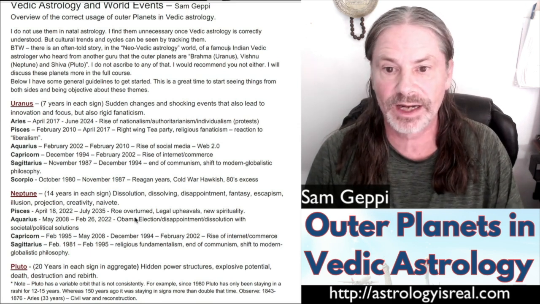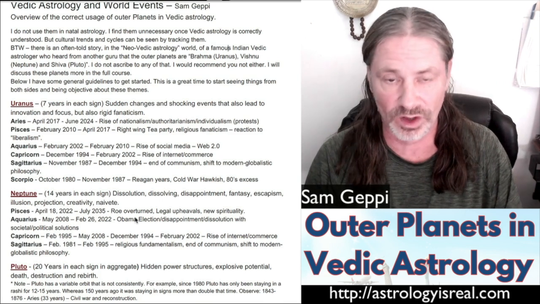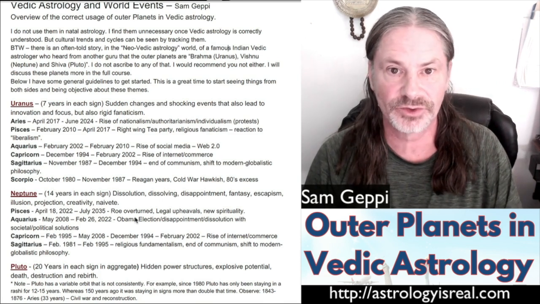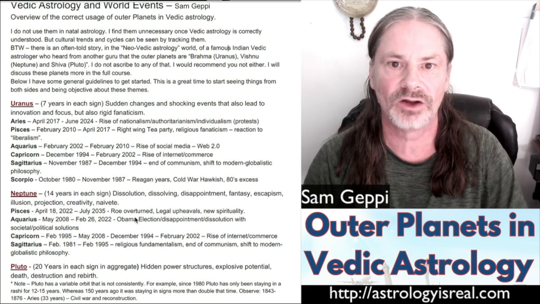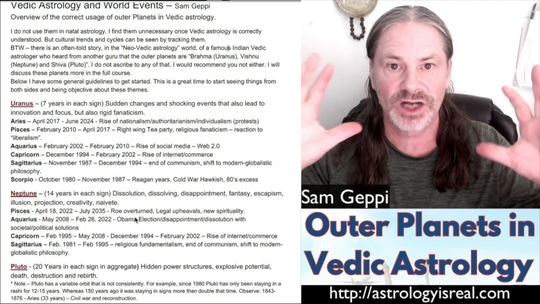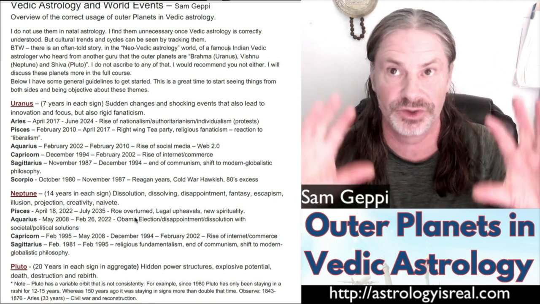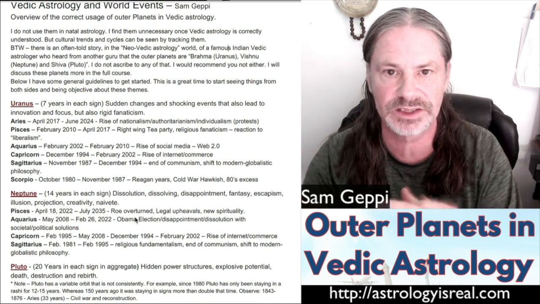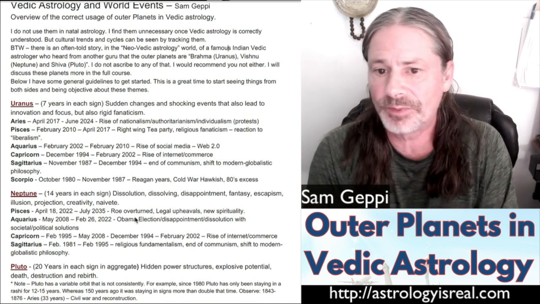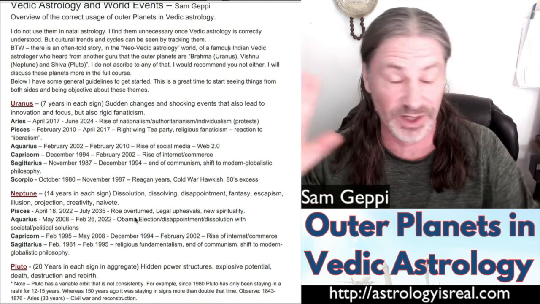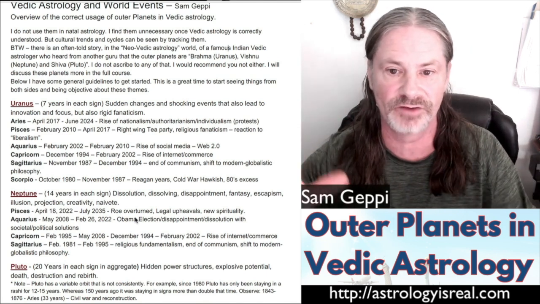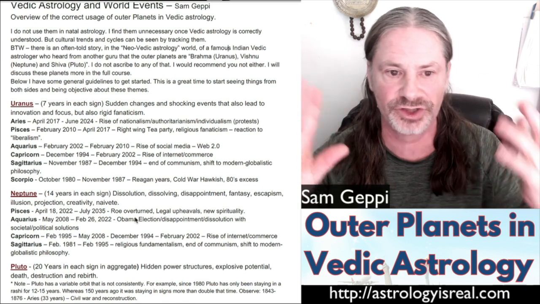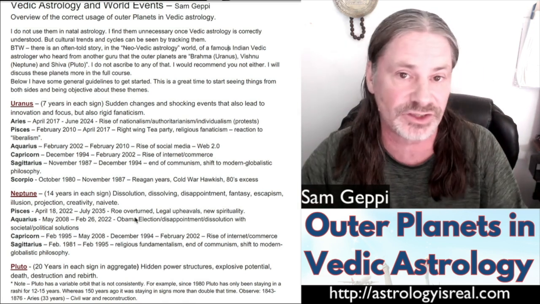And again, I'll discuss these planets more in the full course that I'm doing. I'm introducing them now as concepts and constructs that you can use when looking at world events in this limited way. But if people doing Neo-Vedic astrology want to consider Brahma, Vishnu, and Shiva as Uranus, Neptune, and Pluto, that's fine. I don't.